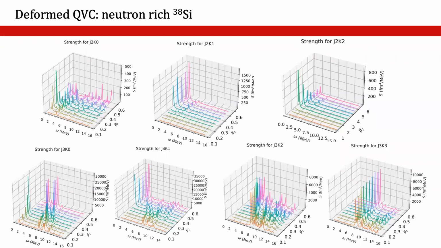For a clearer view, I just showed the transition strengths from beta 2 equal 0.1 to 0.6, because our calculations already show the potential surface minimum for silicon-38 is 0.3, and the experimental data also show silicon-38 has a prolate deformation. So we have a detailed study for the prolate part.